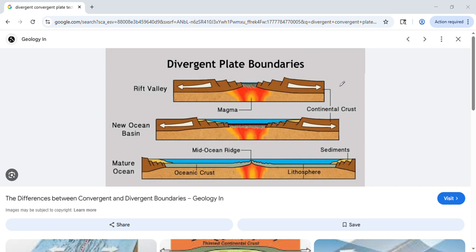Next question: if the seafloor is spreading, why is the earth not expanding?